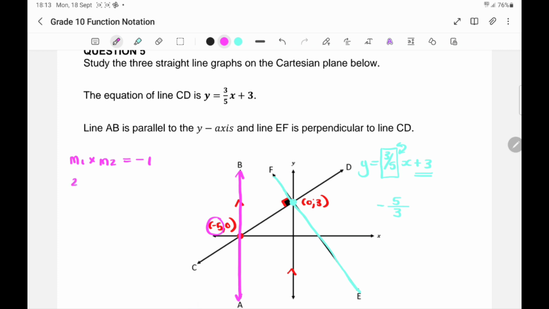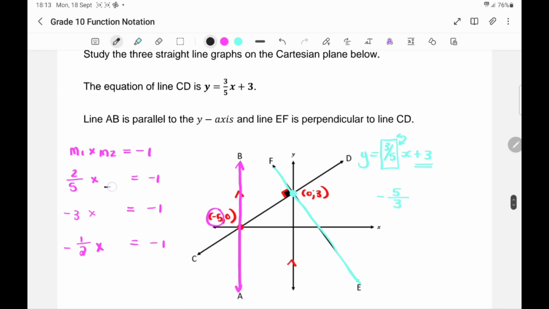So now, if you've got 2 over 5, what would be perpendicular to that to give you negative 1? If you've got negative 3, what would be perpendicular to that? If you've got negative a half, just to give you a few examples, times what will give you negative 1?